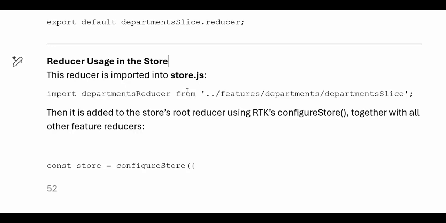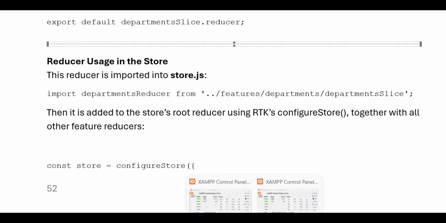Usage in the store. This reducer is imported into store.js. Here is the script of importing. In departmentSlice, its name is departmentSlice.reducer. Reducer is a method, but that method is named here departmentsReducer.